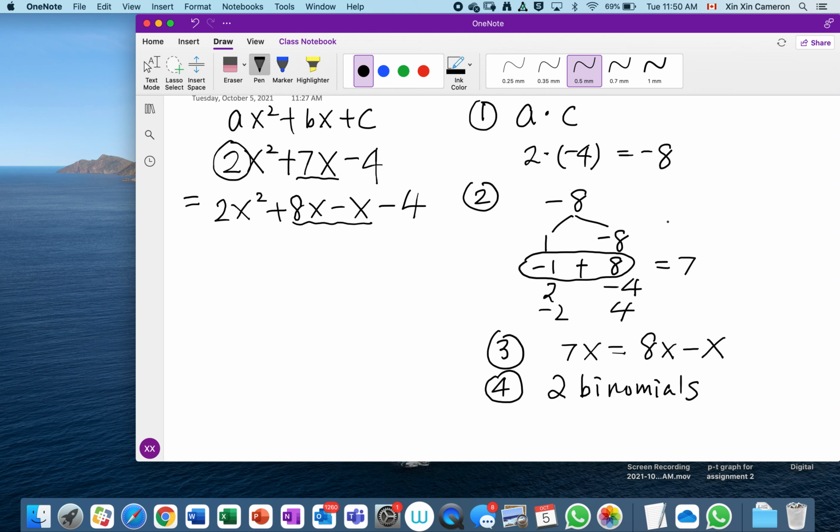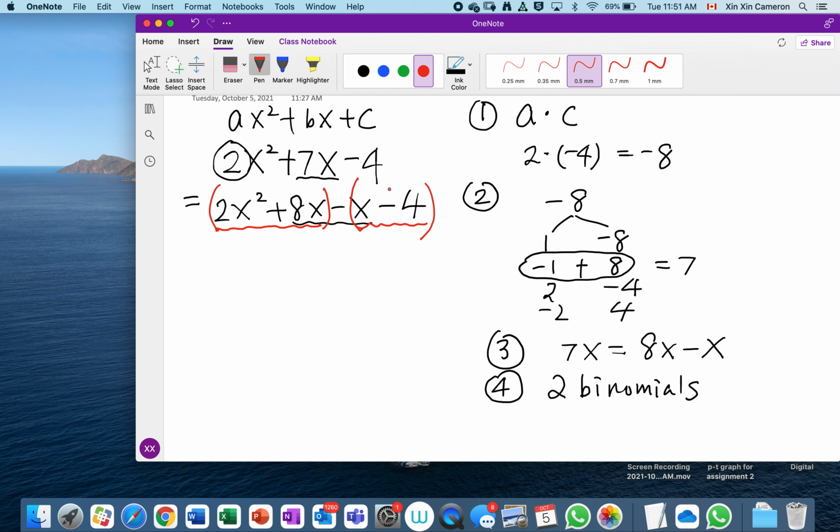This means I'm going to look at this one binomial, give a bracket, and I'm also going to look at this other binomial. When I give a bracket here, this sign has to be changed to that. So now I give two brackets like that.